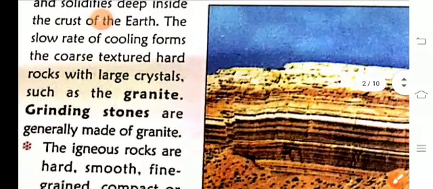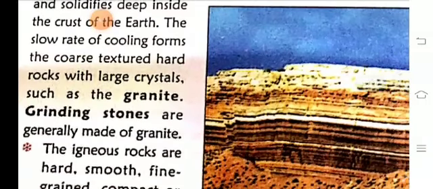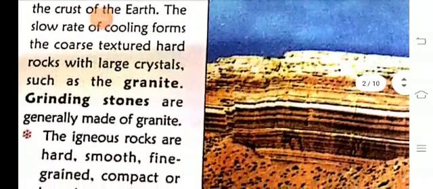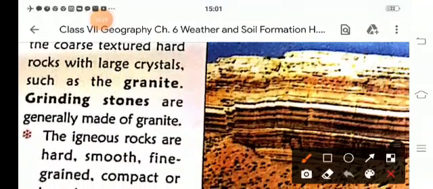The difference is that extrusive rocks solidify on the surface of the earth, while intrusive rocks solidify deep inside the earth. Then they form crystals, like granite and grinding stones.